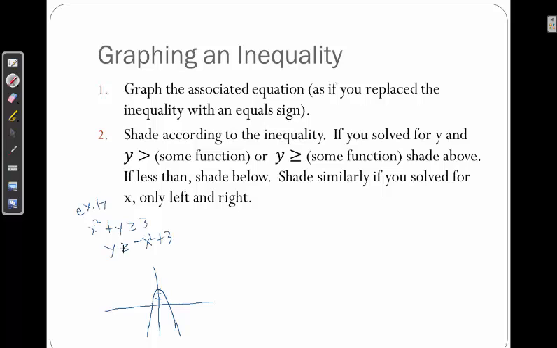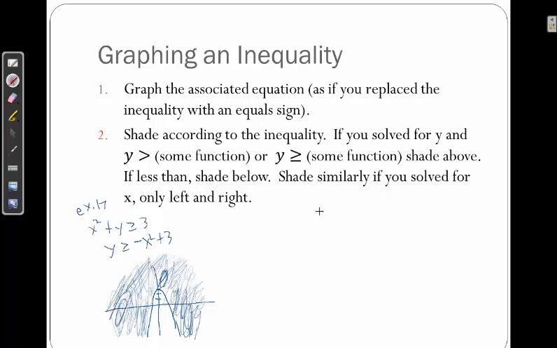And it would be solid because it's greater than or equal. But this is everything above it. So everything up here will be part of the solution.